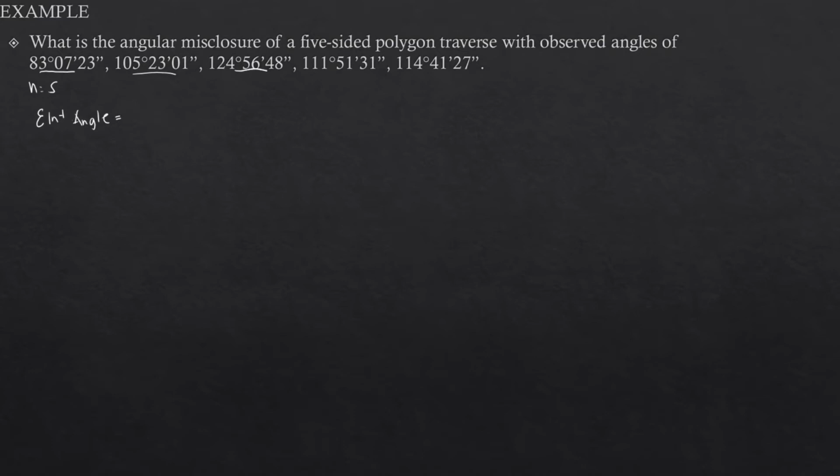So, ilan ang total? Compute nyo. So, summation of interior angle is equal to, pag pinagsum nyo lahat yan, yan yung observed sum. So, meron tayong 539 degree, 59 minutes, and 18 seconds. Ito yung observed sum.